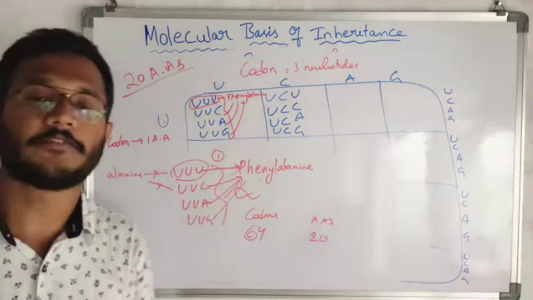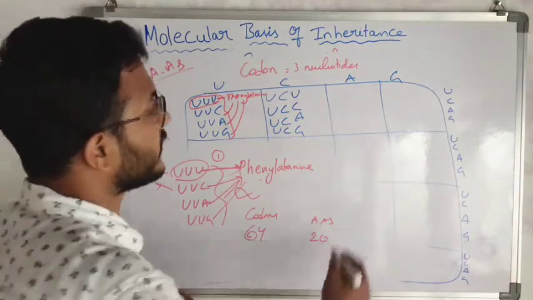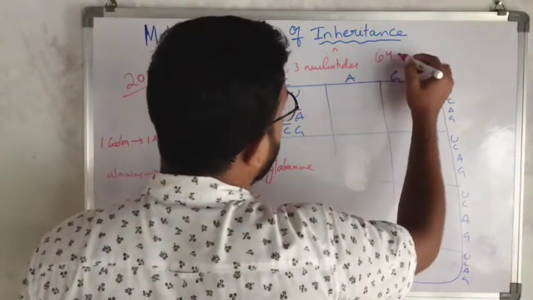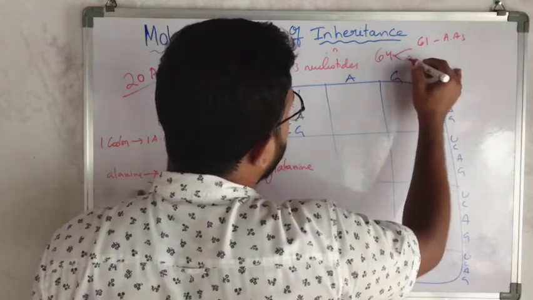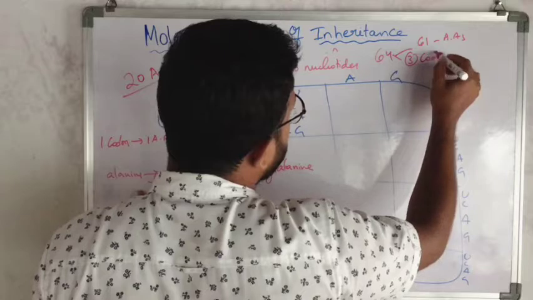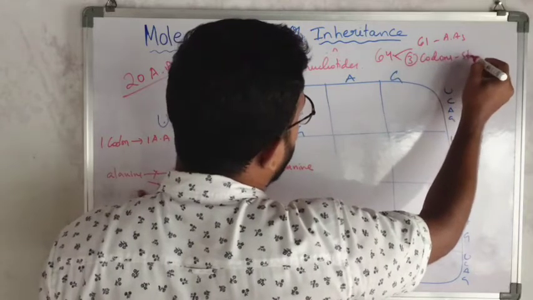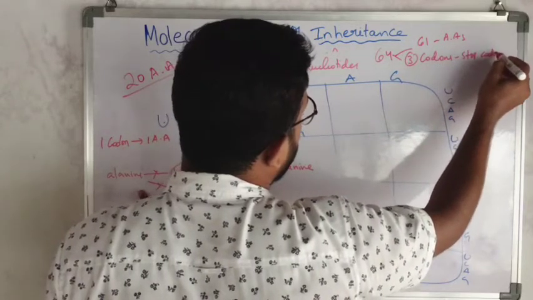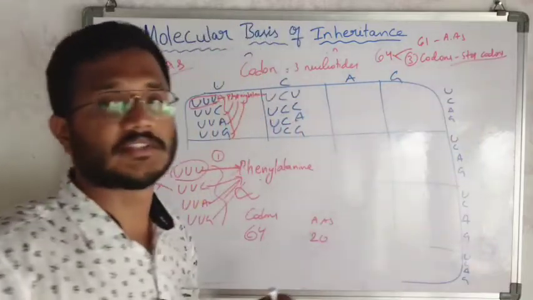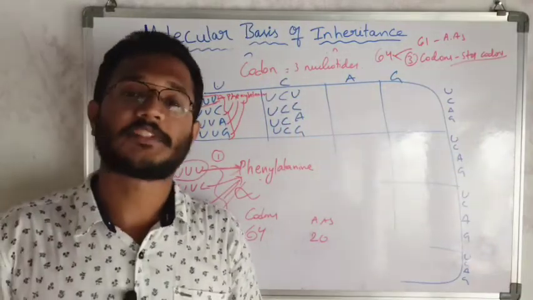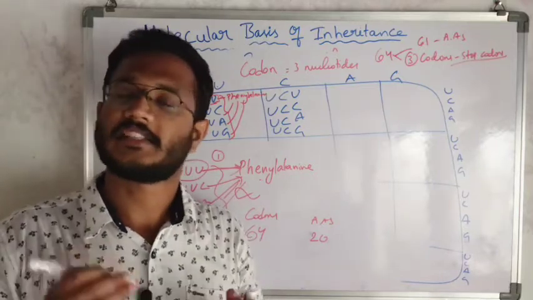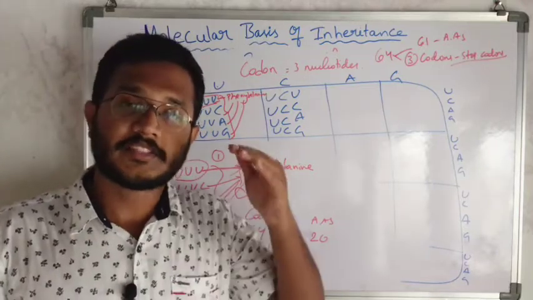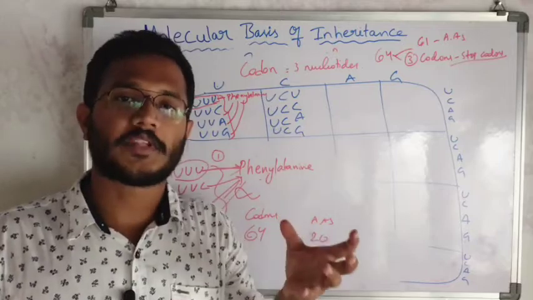We have a total of 64 codons. Out of 64 codons, 61 code for amino acids, but the other 3 codons act as stop codons. For example, in the transcription process we have a termination factor. Like this, once the protein structure is established, the process has to be stopped.